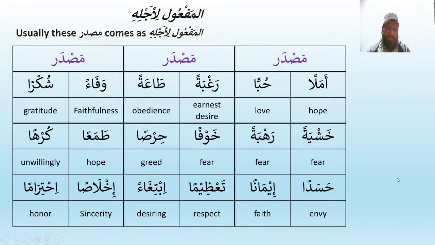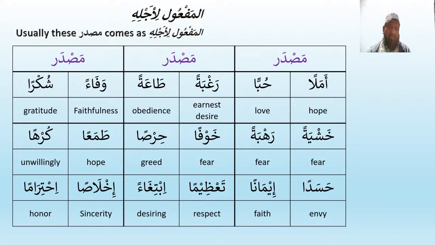And we had these few masdars. They usually come as al-maf'ul li-ajlih because they're all internal motives. Amalan, hope, comes from inside. Hubban, love. Raghbatan, hope or earnest desire. Ta'atan, obedience. Wafa'an, faithfulness. Shukran, gratitude. Khashyatan, fear. Rahbatan, fear. Khawfan, also fear.